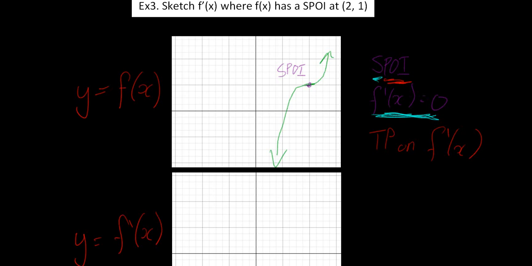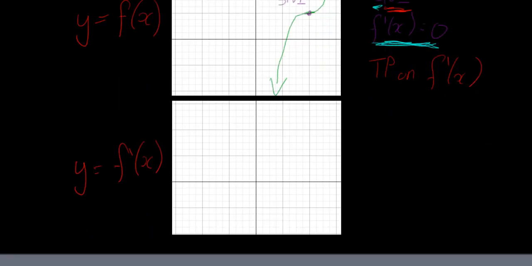Okay, so we'll do a bit of tracing down here. So let's get the purple out. When you want to trace down, you can see that there should be some sort of information down here on f of x. Since it's a SPOI, our gradient is 0, so that's why we got an x-intercept directly below our SPOI.